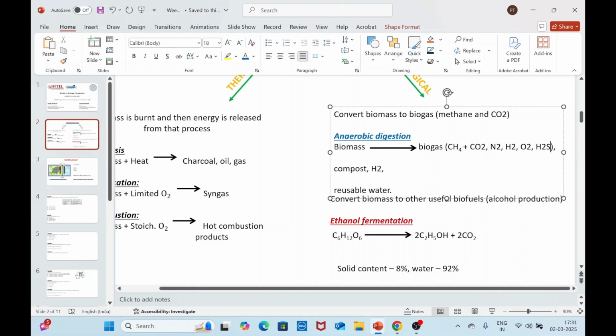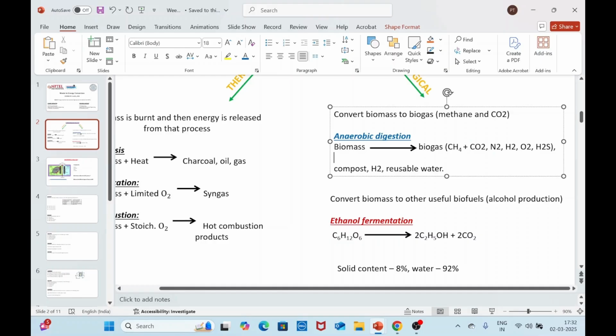So here let me ask one more question. Let's say you have N2, H2, O2 and H2S. Only if you consider these as your components, because this biogas will be getting utilized. If you are going to emit this gas out into the atmosphere, which gas should be removed before it is let out?